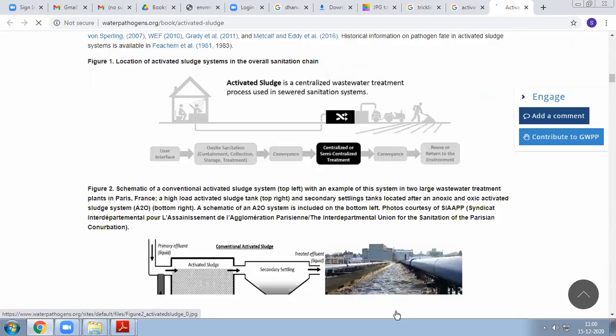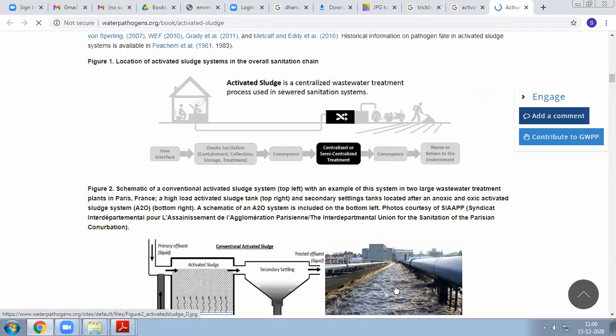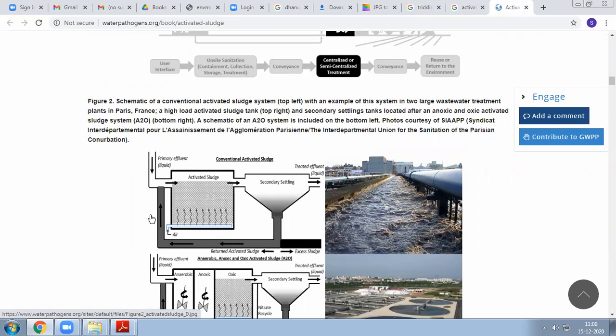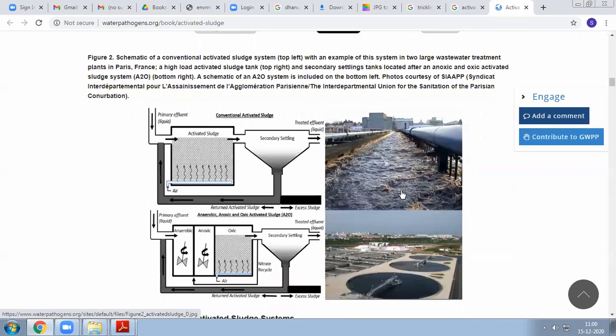I think I need figures. Yeah, here you're seeing this is how the activated sludge looks. They are recirculating back. You're seeing now? This is how continuous air is going on. Continuous aeration is provided on the bottom side.